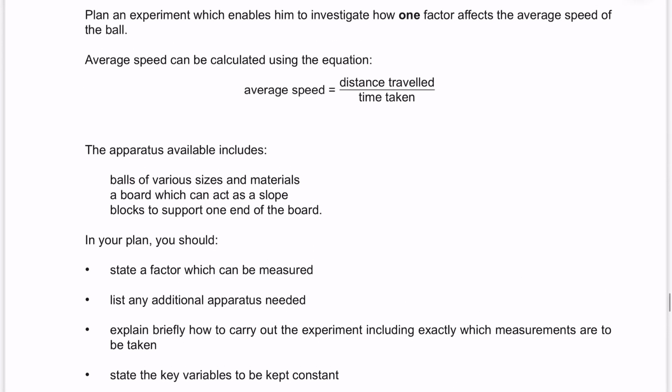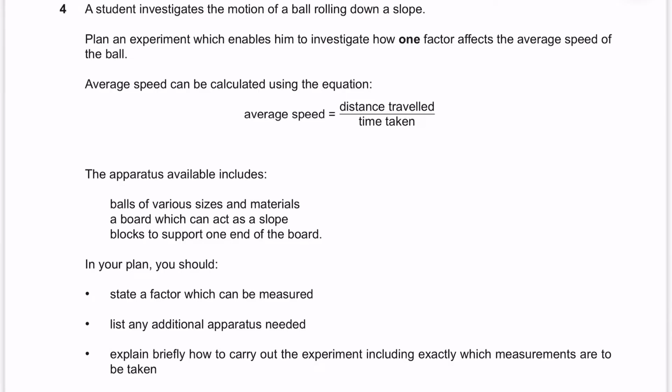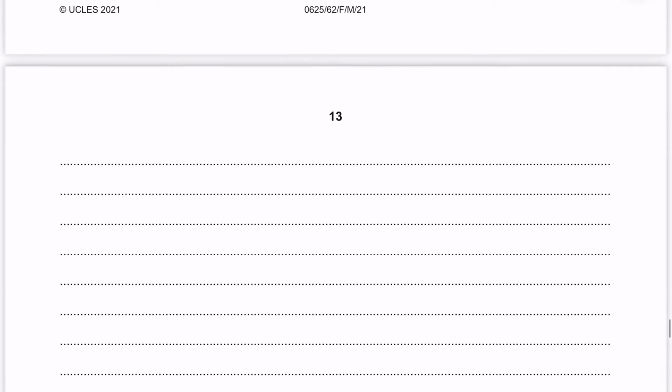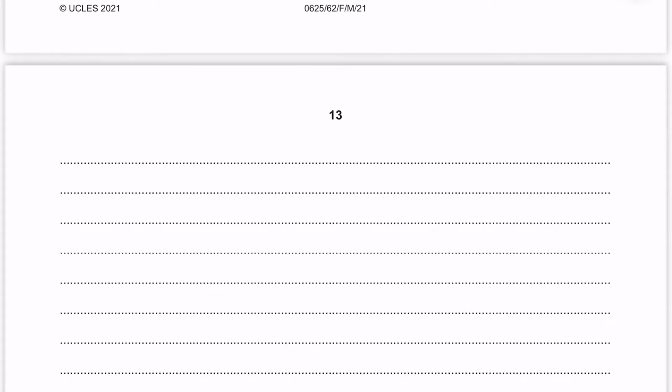So we need to plan an experiment which enables us to study one factor which affects the average speed of the ball. We have a board which can act as a slope, balls of various sizes, and blocks to support one end of the board. It's a 7 mark question, and we need to plan an experiment for how one of the factors can affect average speed.